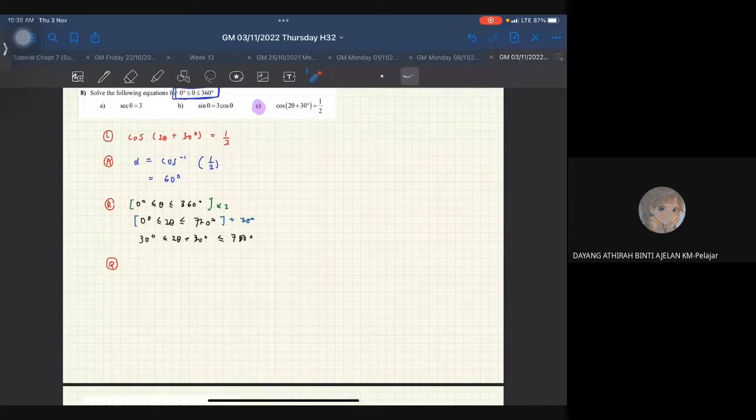Kenapa 2? Kalau 2 sampai mana? 720. Betul? Kalau 2 sampai 720. Jangan gaduh. Okay, so kalau 2 rotation, dia sampai 720. Tapi kita sampai 750. So sepatutnya kena tambah lagi 1 rotation. Okay, so you need to add 1 more.